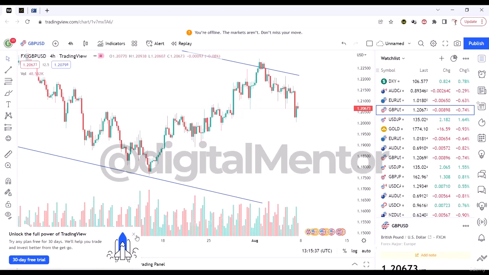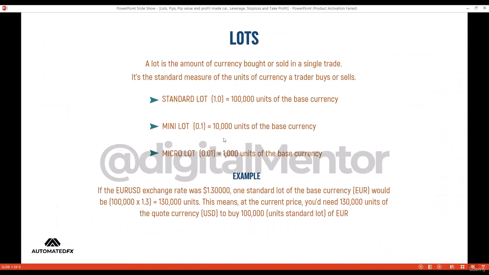Some of you might be surprised and say, 100,000 units, that's so much. You might not have that much money to facilitate that trade. But that's not for you to worry about, because like I told you in passing in one of the previous videos, in Forex trading, we use what we call leverage.